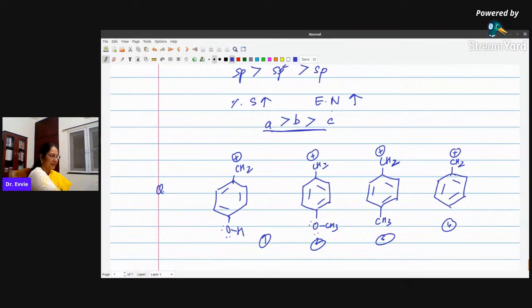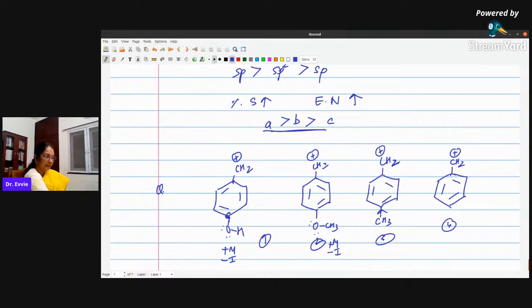Here, very clearly, in the first two we have both the plus M effect and minus I effect, because carbon is attached to oxygen. We have to see this resonance also. Here also you have plus M and minus I effect. And here, what effects do you have? CH3 is an electron donating group.